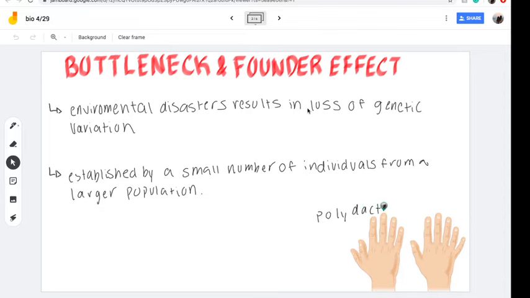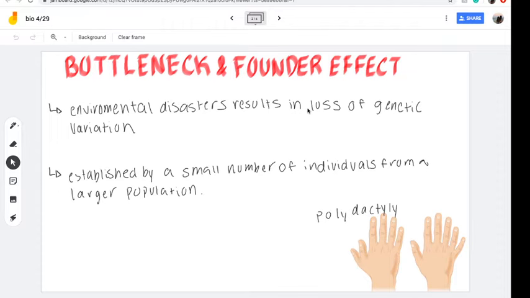Due to the isolation and their small community of intermarriage, this population has a high incidence of polydactyly. If you see this picture right here, we have an extra set of toes or an extra set of fingers.